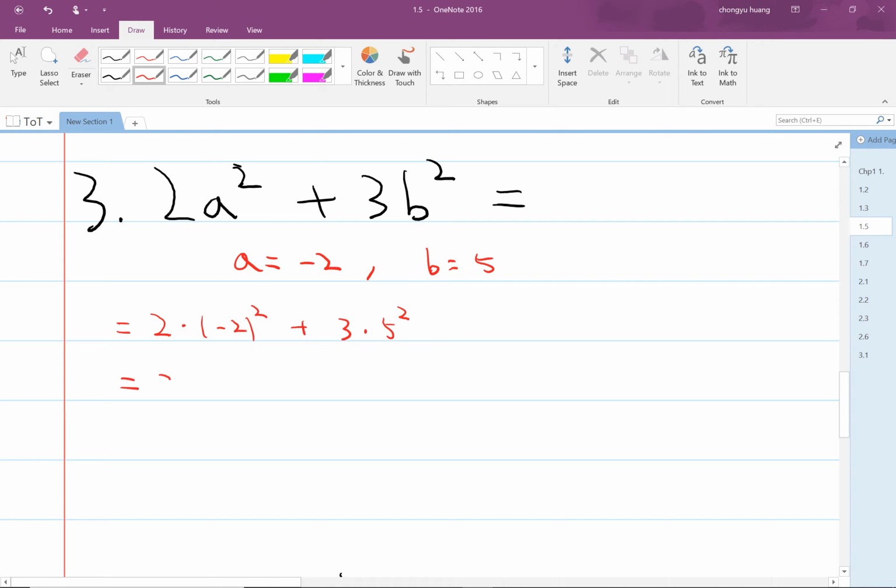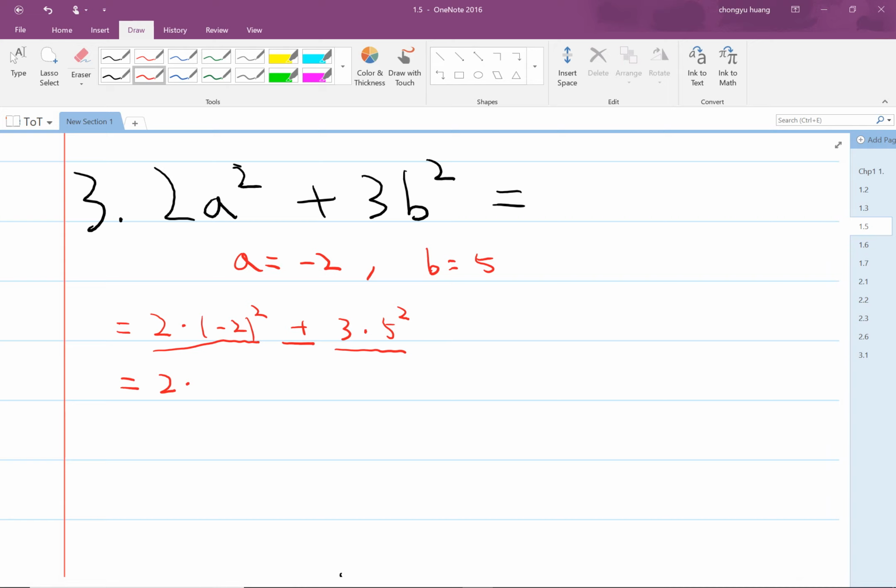And then you have to simplify a little bit. Remember I said before, you always have to do the multiplication and then division before you do any subtraction and addition, right? So right now we have to finish the multiplication first, and then we're gonna do the addition, right?